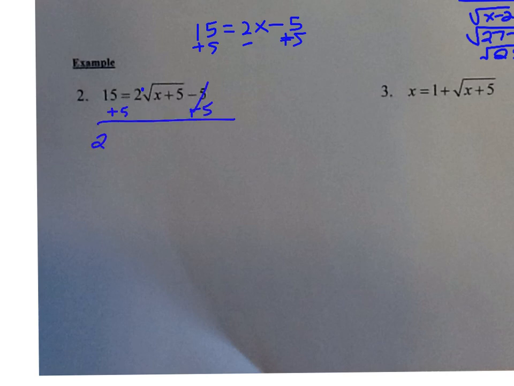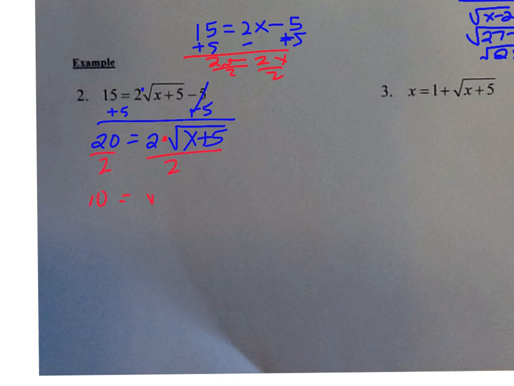So I get 20 equals 2 the square root of x plus 5. So now remember I said this is times in here. That's what I would do next here. If I had 20 equals 2x, I would divide by 2. That's what we do now, divide by 2. So I get 10 equals the square root of x plus 5 because the 2's here reduce. Now I'm ready to square both sides.